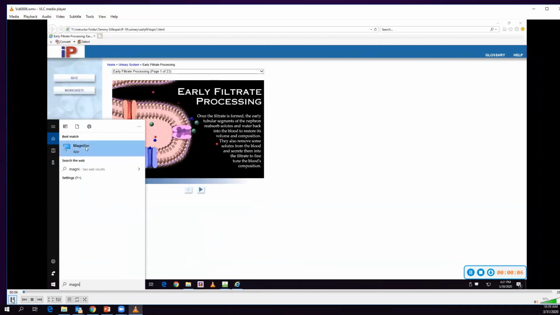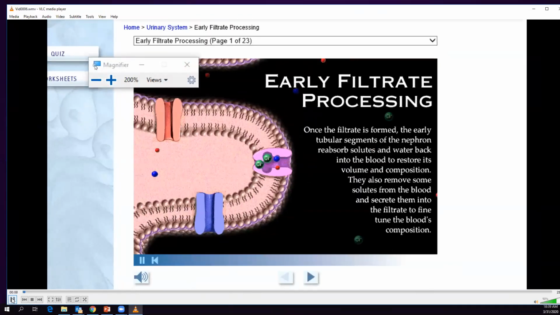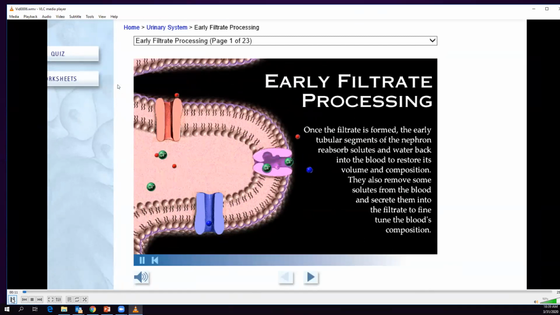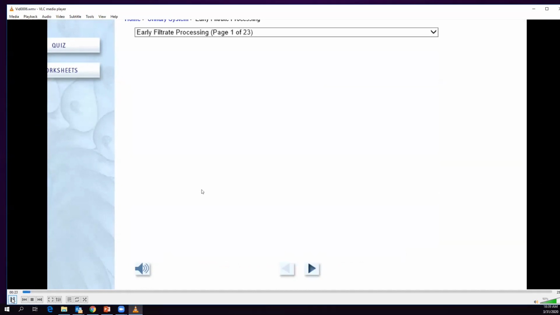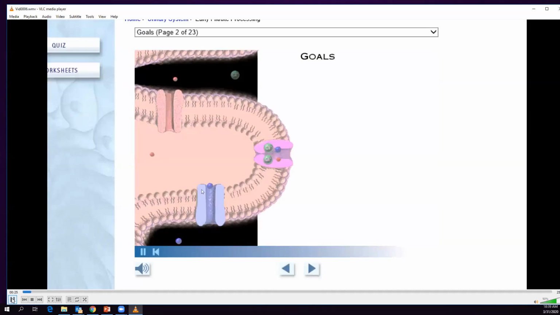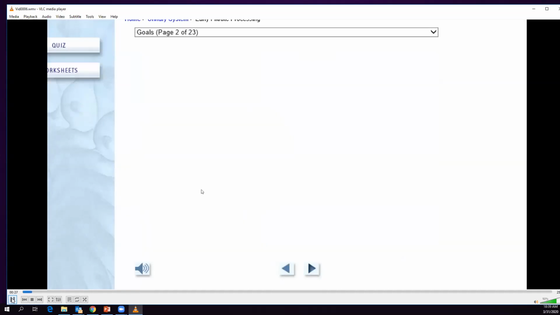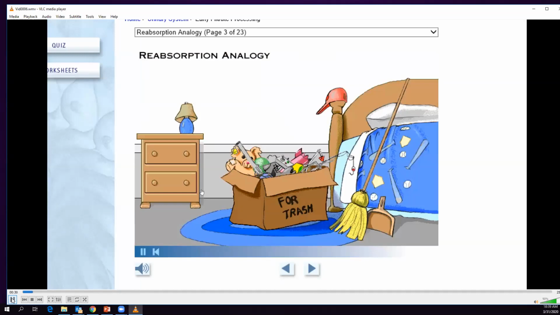Tubular segments of the nephron reabsorb solutes and water back into the blood to restore its volume and composition. They also remove some solutes from the blood and secrete them into the filtrate to fine-tune the blood's composition. The relationship of glomerular filtration and tubular reabsorption is something like a parent who cleans a child's room by arbitrarily throwing much of the room's contents into the trash box.